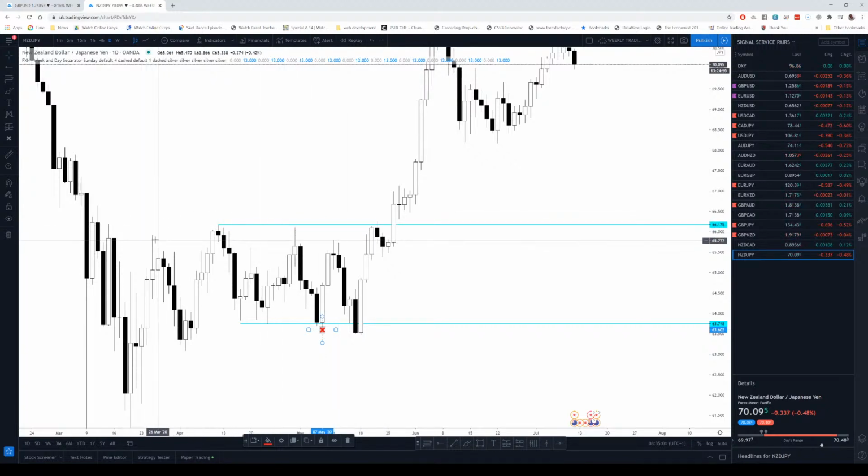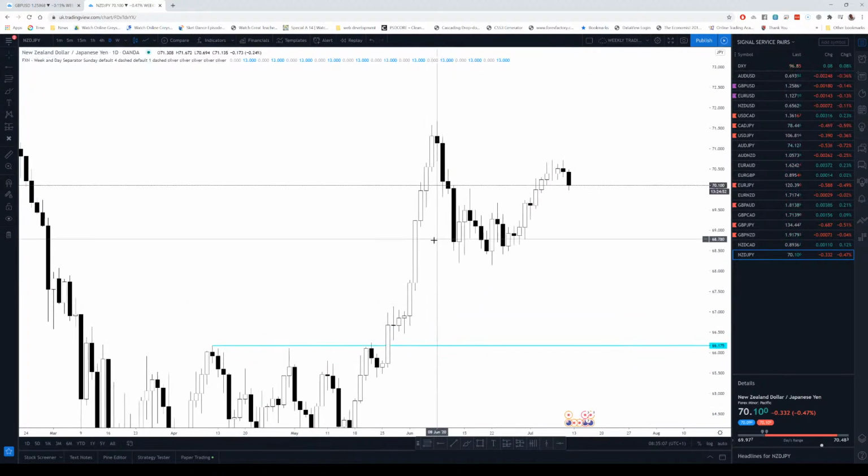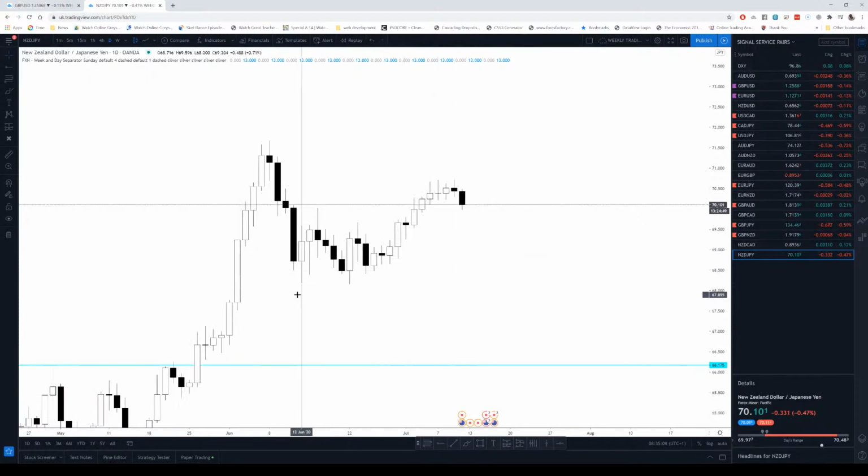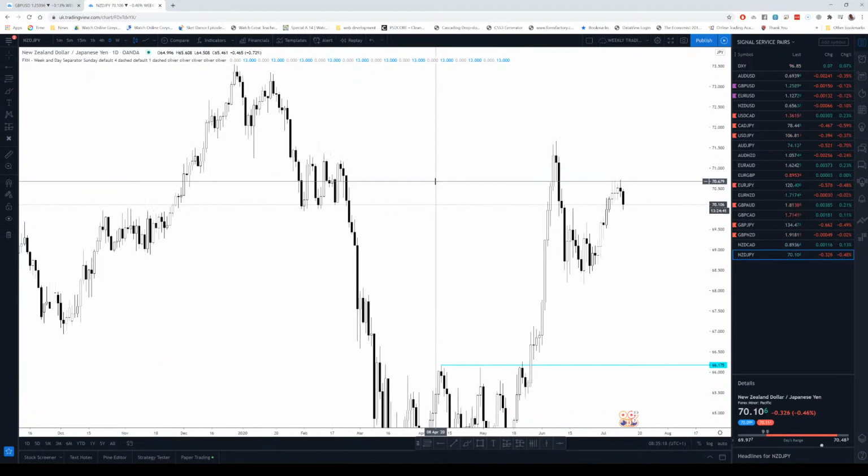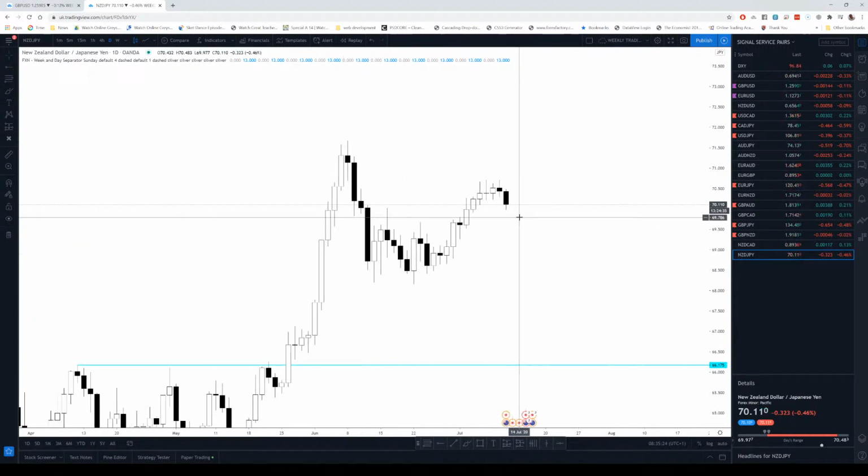All right, and swing high, they run it and it comes back inside. Swing low, run it and then run up, comes back down, send it up. Where did this one go? They run this high. Yeah, that's what the market is after.